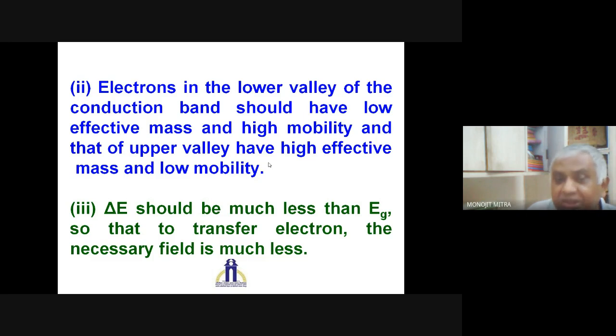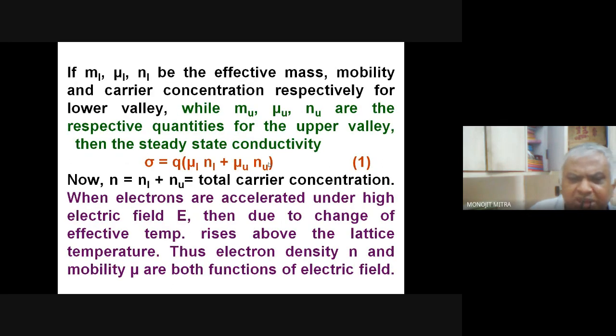But in order to analyze that, we have to go through this mathematical analysis. And here I have considered three parameters of a material. Number one is the mass of the charged particle within the material, their mobility, and their number. As you have seen in case of gallium arsenide, one value is there, and a little bit above that, another value is there.